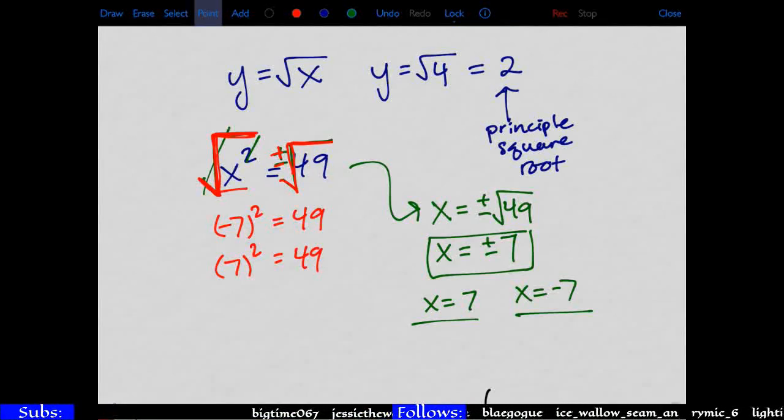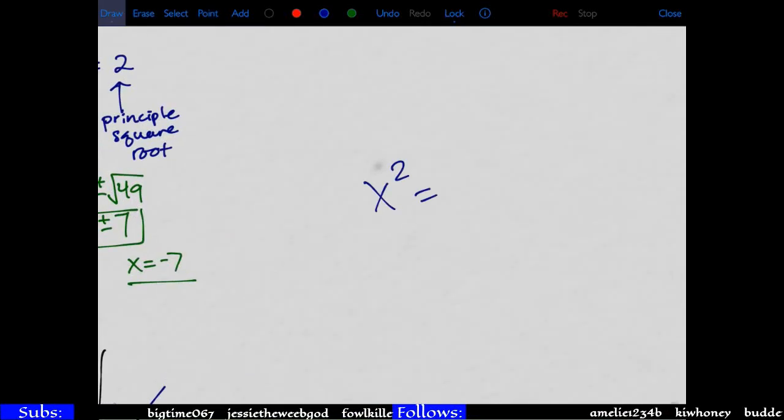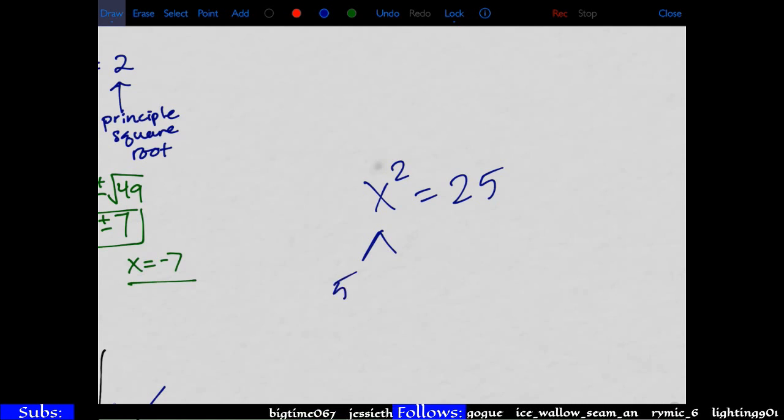You always have to do that plus or minus. It's to cover your bases on both of these answers. If I have an equation that says x squared equals 25, what are my possible answers? My possible x's that make this true are +5 and -5.